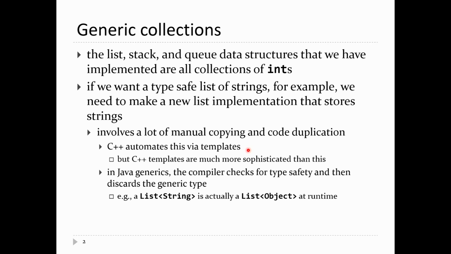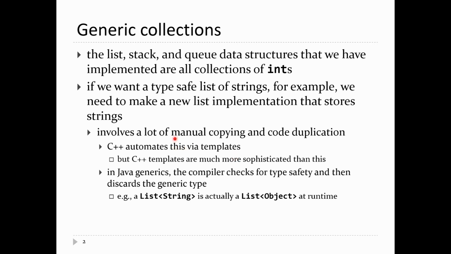There's a language called C++, which is an object-oriented, well, it's not quite an object-oriented version of C, although that's kind of the way it started out. It's grown into something much more, but you can sort of think of it as being C with objects. C++ has a mechanism called templates, and the template mechanism does exactly this.